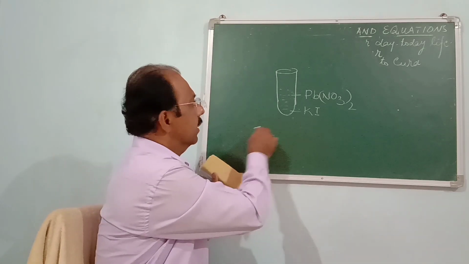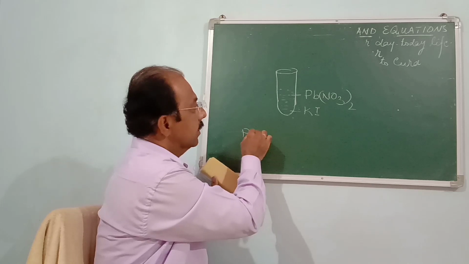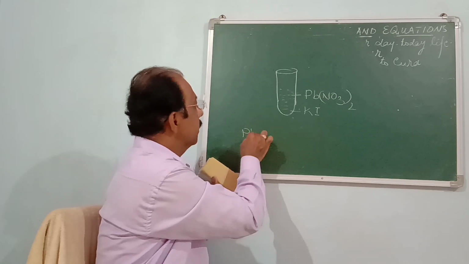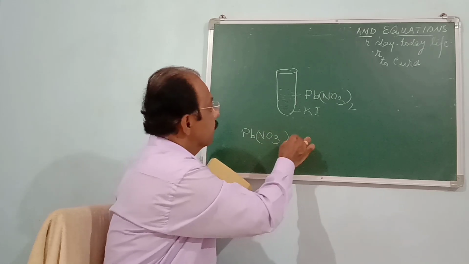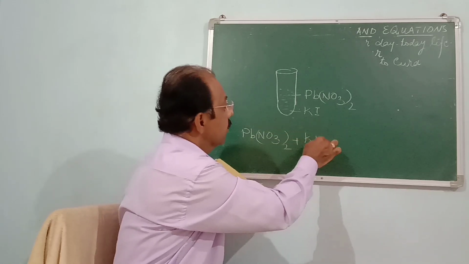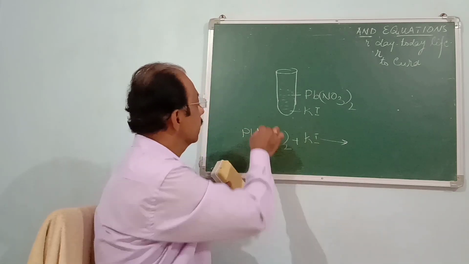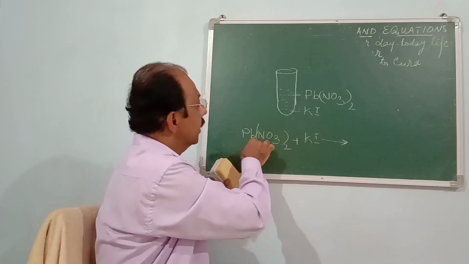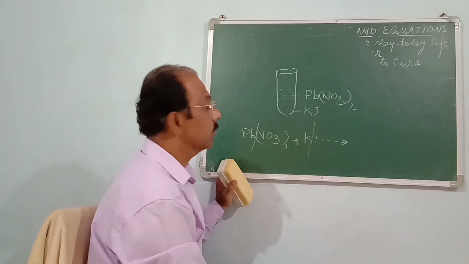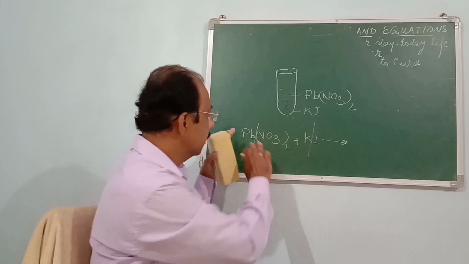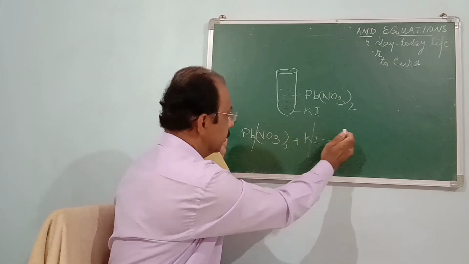Let us write the chemical reaction in the form of a chemical equation. Pb(NO3)2 plus potassium iodide gives, as we learned last year, lead nitrate will be dissociated. Potassium iodide also will be dissociated during chemical reactions, because these parts of the chemicals are metals and they will be dissociated.